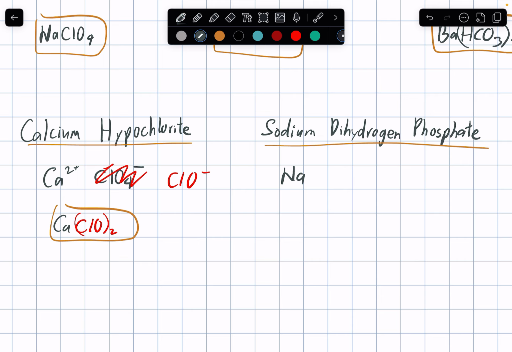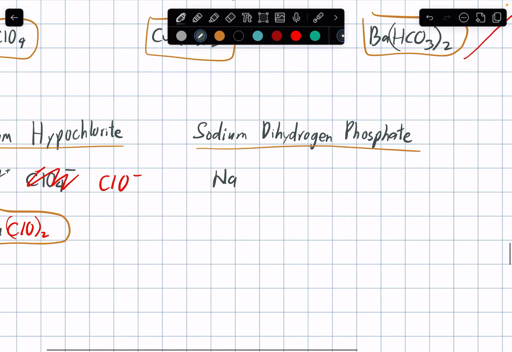Okay. Sodium dihydrogen phosphate. Sodium is a positive one charge. Dihydrogen, so I think that's going to be 2. And then phosphate.